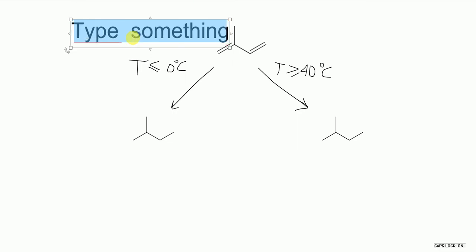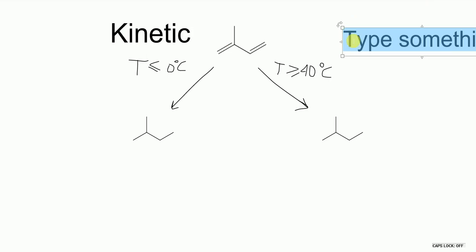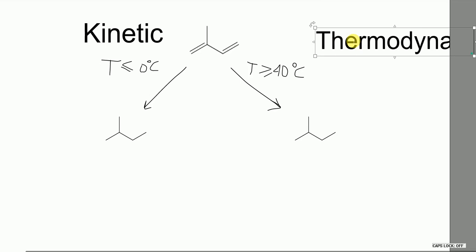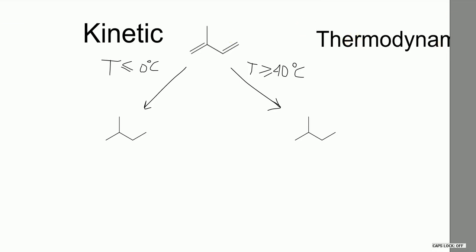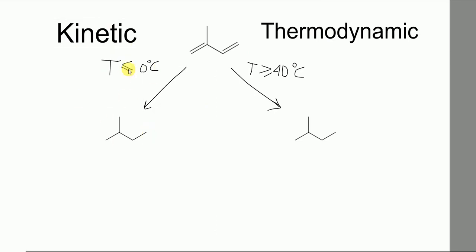So we have the kinetic, thermodynamic. Okay. All right. So this is the kinetic side, and this is the thermodynamic side, and it's very easy to know which one is which. You're not going to be required to recall the terms really, but it's a terminology that makes sense with what is happening in the condition.